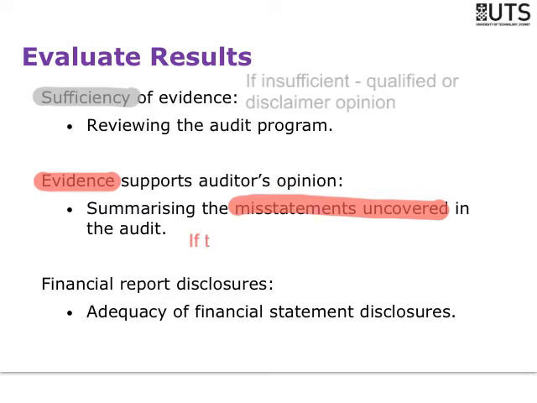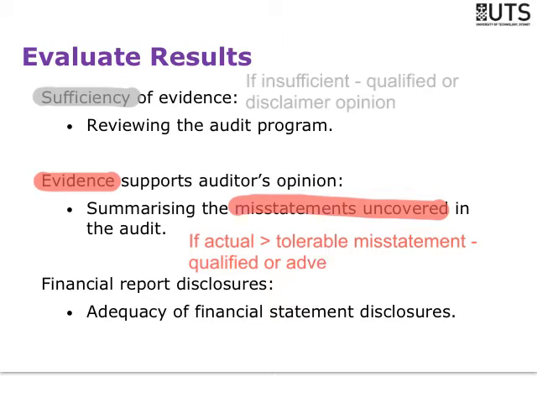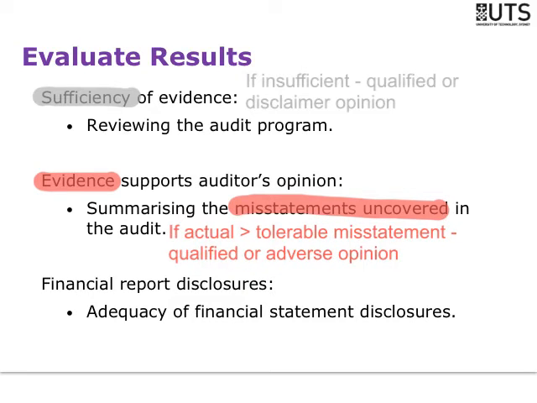If the actual misstatement is greater than the tolerable misstatement, then we might want to issue a qualified or adverse opinion. Once we have enough evidence, we decide whether or not that evidence is consistent with what we expected as an auditor.